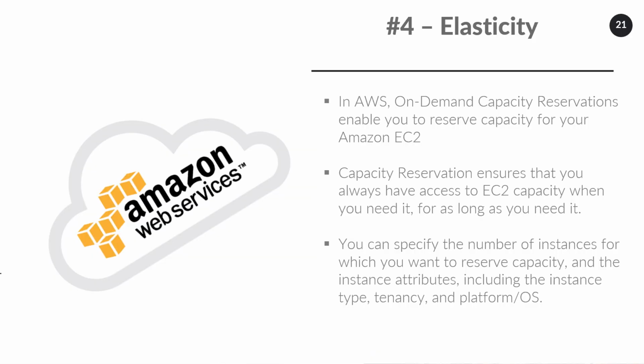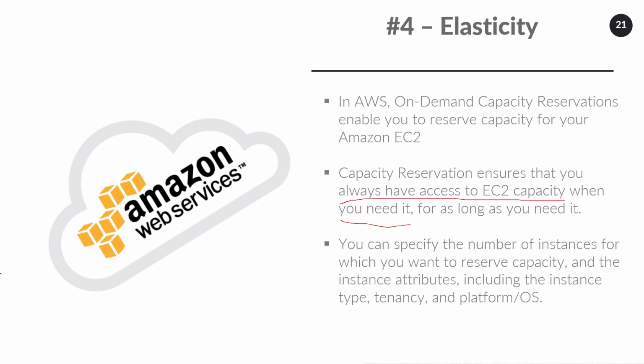So just to give you one example of elasticity, AWS provides you with what they call on-demand capacity reservations, where you can basically reserve capacity for your virtual machines in EC2, Elastic Compute Cloud. With that, you can ensure that you always have access to EC2 capacity when you need it.